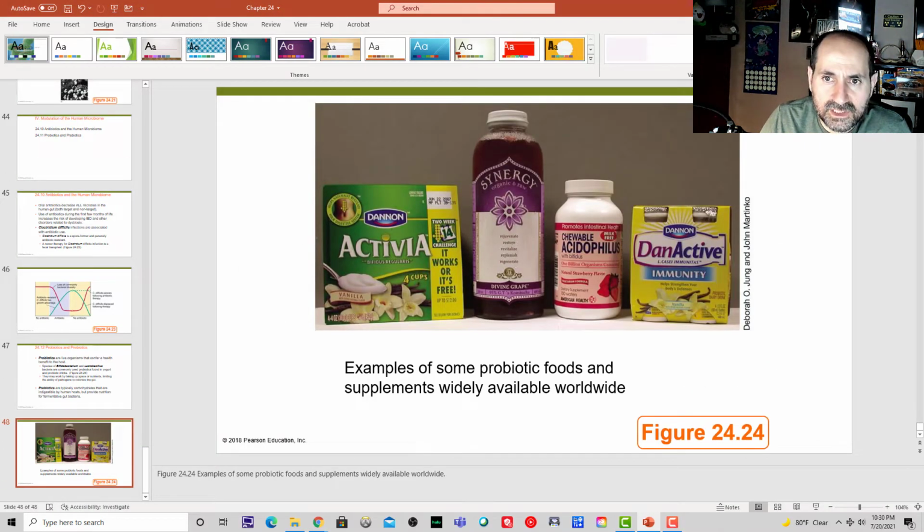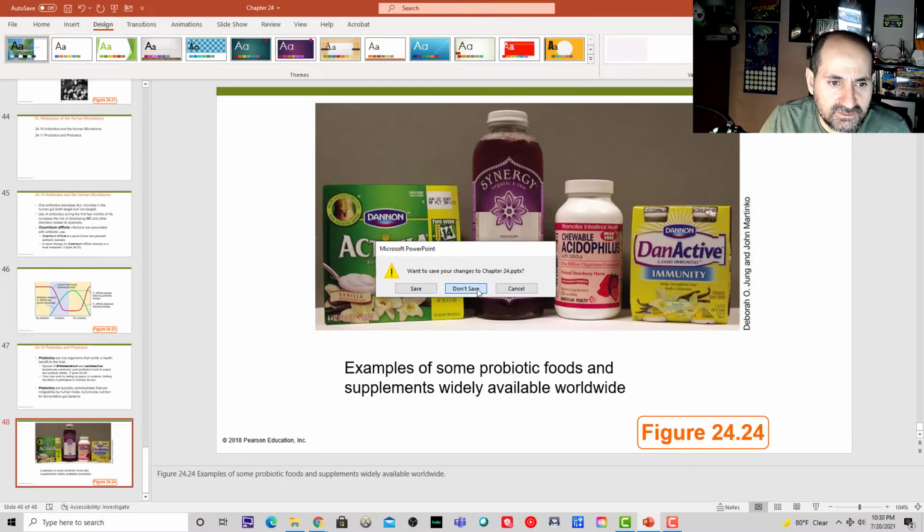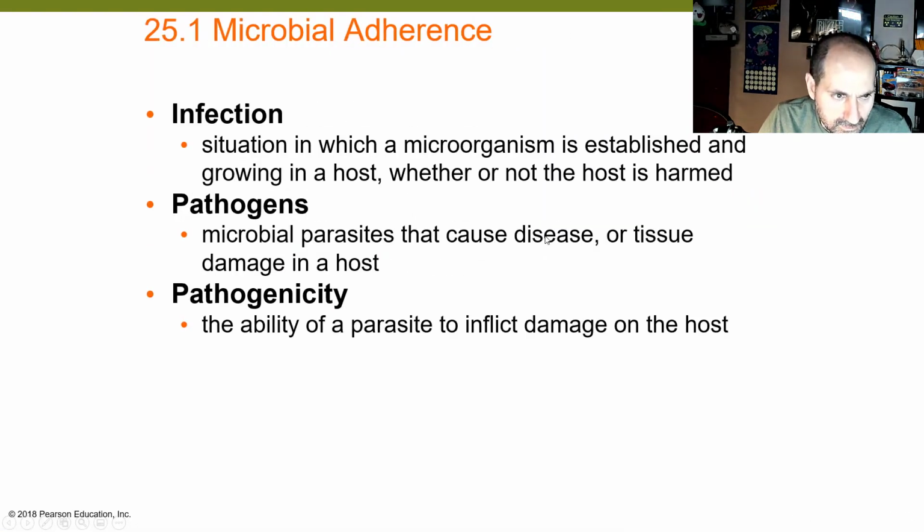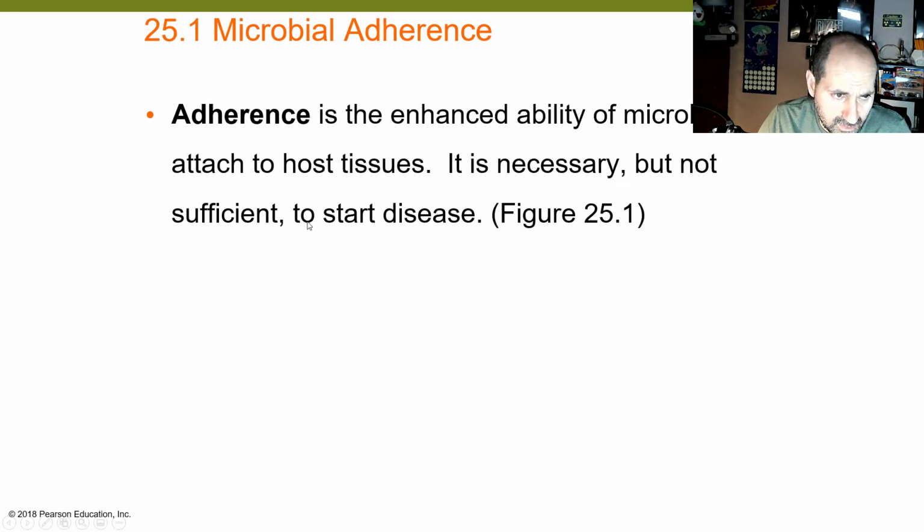Let's hop on to chapter 25. All right, chapter 25. Please know all these terms in bold. I'm not going to go through all of them, but obviously please know all these terms and know the importance of adherence, the ability of microbes to attach to host tissue.